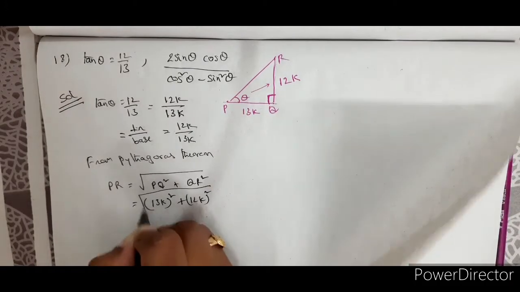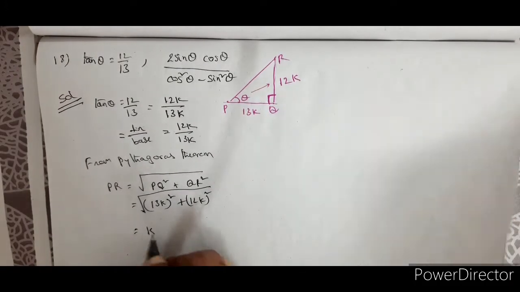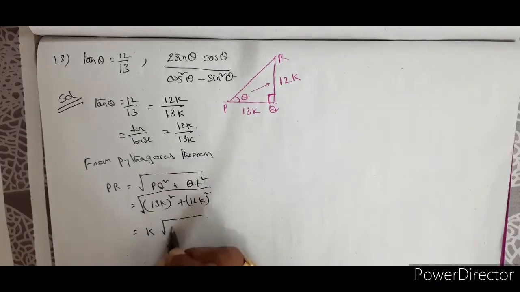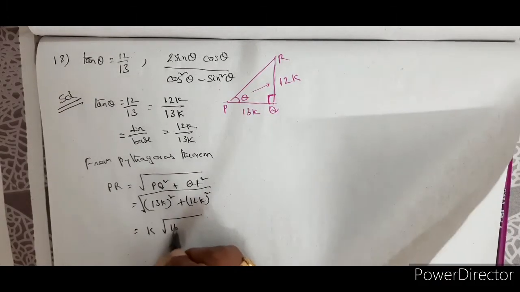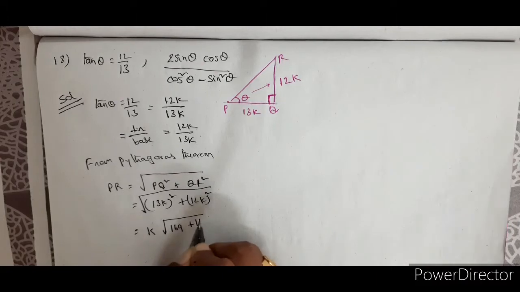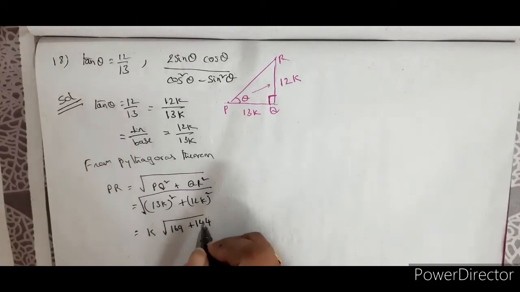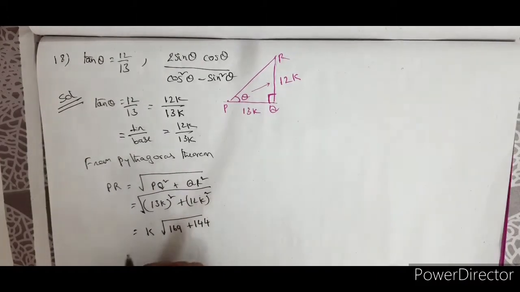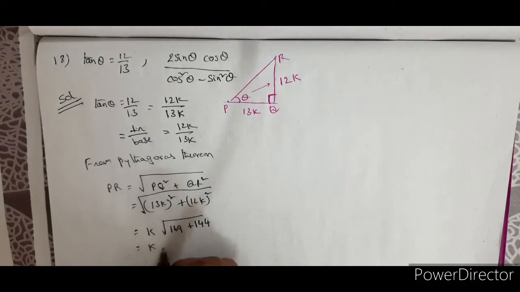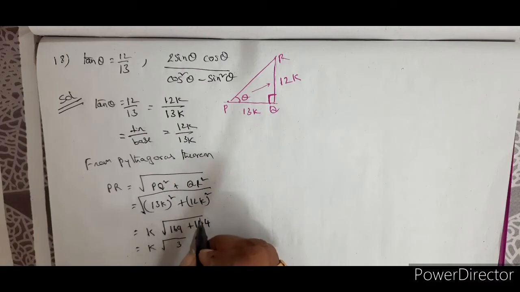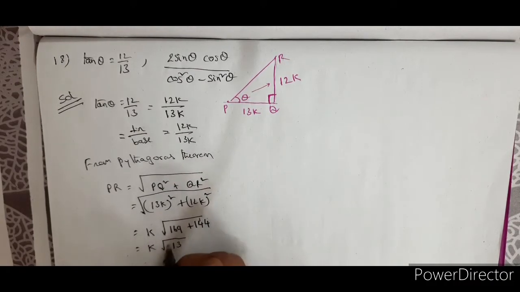You can directly take k square outside the root, which is k. Now we are left with 13 square plus 12 square. 13 square is 169 plus 12 square is 144. So which is equal to k times root of 313.